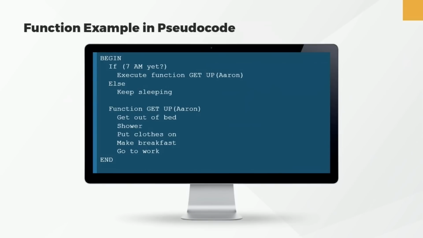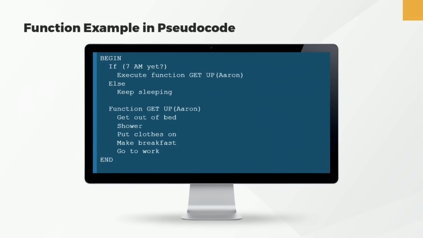So on the assumption that it is 7 a.m., then the function specifies several tasks that Aaron must complete. And it should be noted that those individual tasks themselves could also be functions. In other words, any function can call another function. For example, make breakfast might require another function to brew coffee.